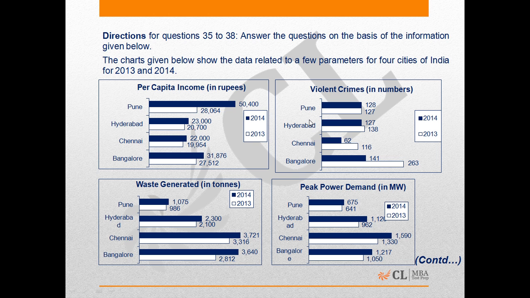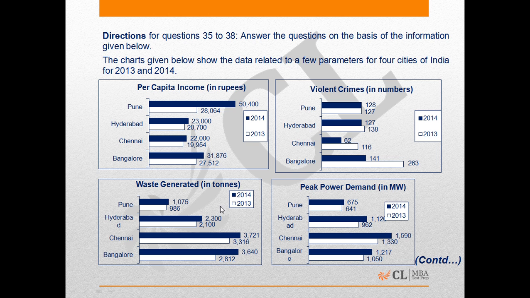And second chart gives data about violent crimes committed in these 5 states in 2012, 13 and 14. In 2013, total number of violent crimes committed in Bangalore was 263 and that in Chennai was 116.